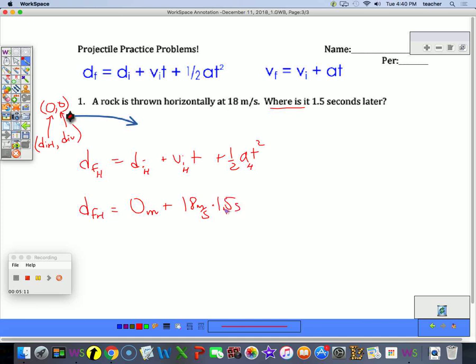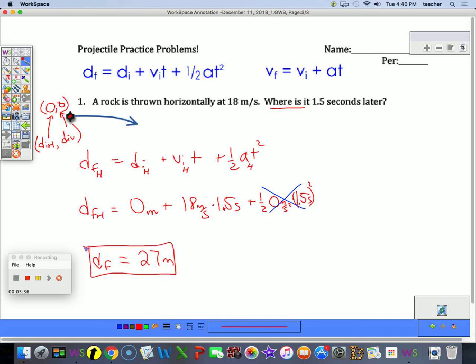Let's do the same thing, but for the vertical position. It's the exact same equation, and now I'm going to consider only the vertical information. VI vertical is 0, because the initial speed is VI horizontal.